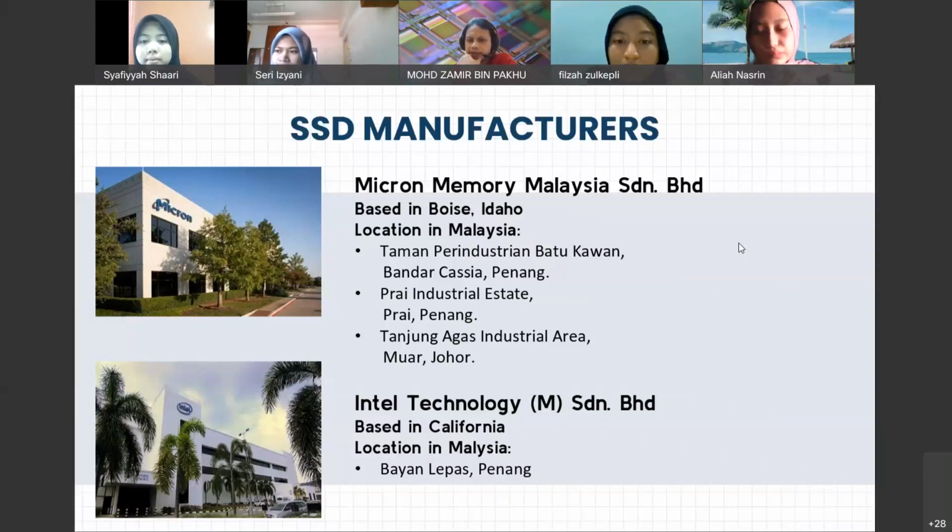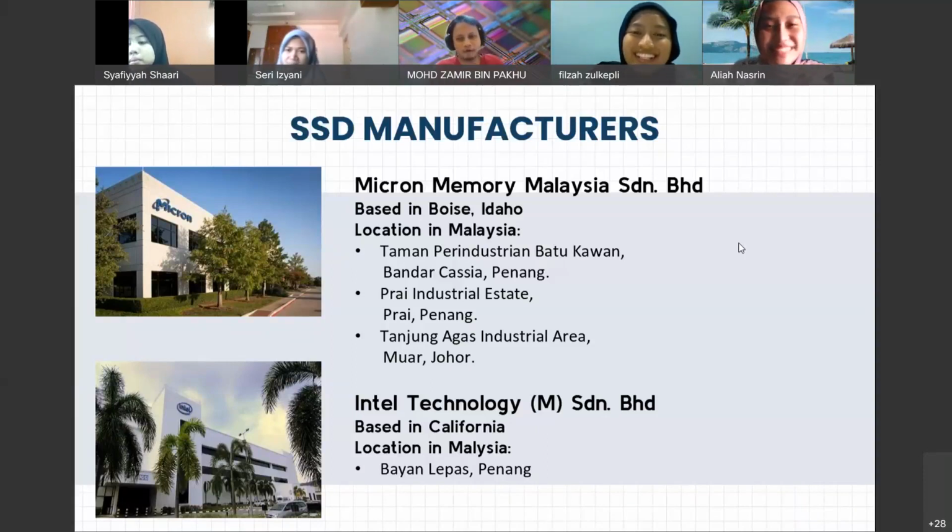All right, next question from Haziq. What is the difference between the form factor of SSD and the type of SSD? Okay, I'm going to answer this question.